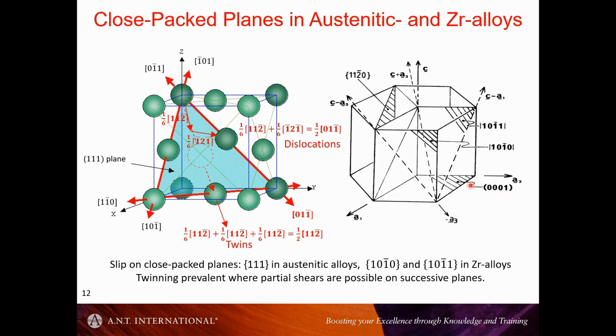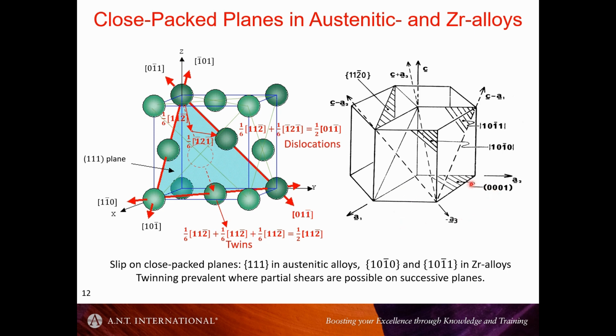The basal plane in the HCP is equivalent to this plane. It's the most close packed plane for ideal packing of spheres, which is close to magnesium.